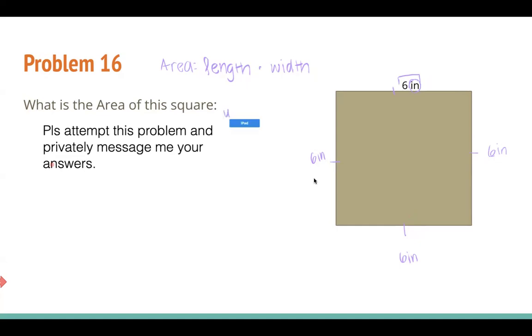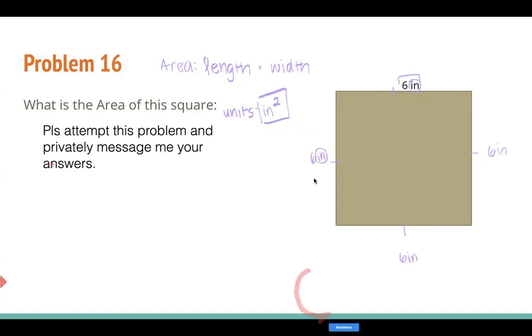We have inches because the problem uses inches. And for area, we need to square the inches, right? So our unit is inches squared.